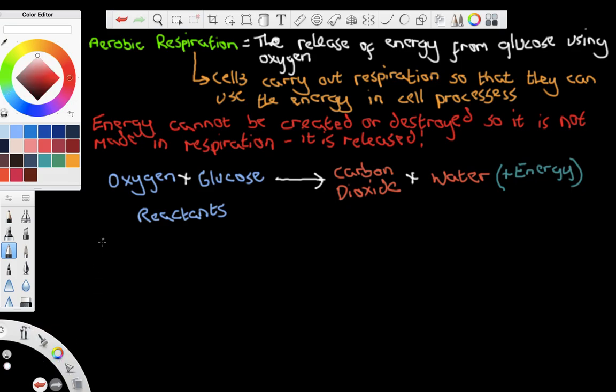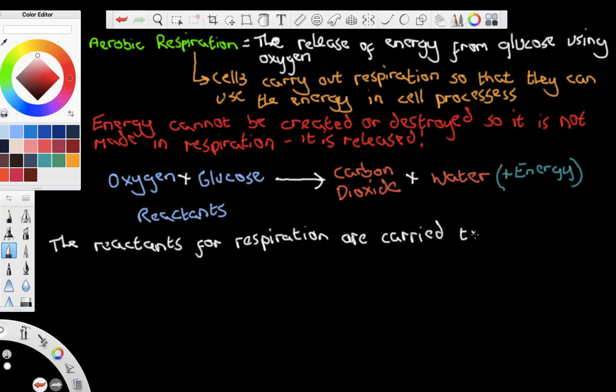So we can say that the reactants for respiration are carried to cells via the blood inside blood vessels.